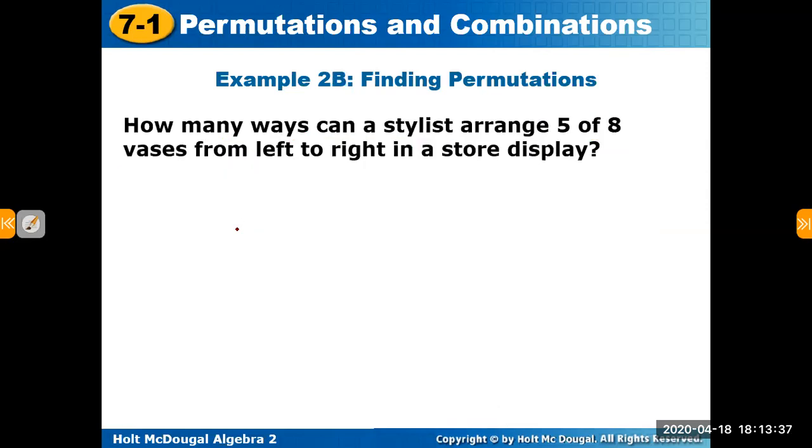One more question. How many ways can a stylist arrange 5 of 8 vases from left to right in a store display? Here, to identify that this question is a permutation question, why I'm stressing on this part, is because the next topic is combinations, and in that we'll see that when order is not important, we use combinations.